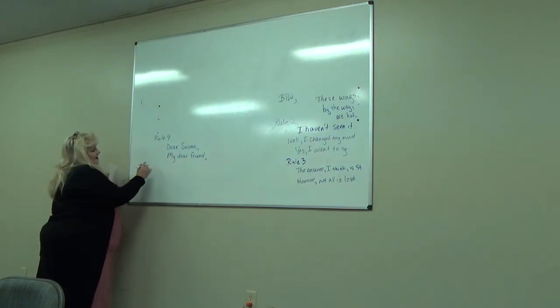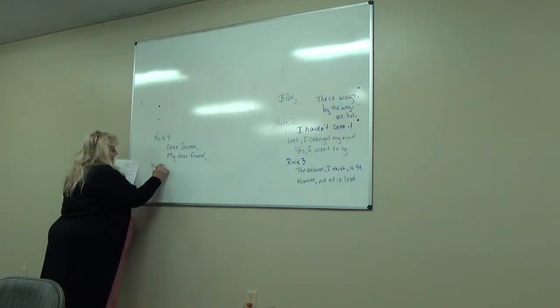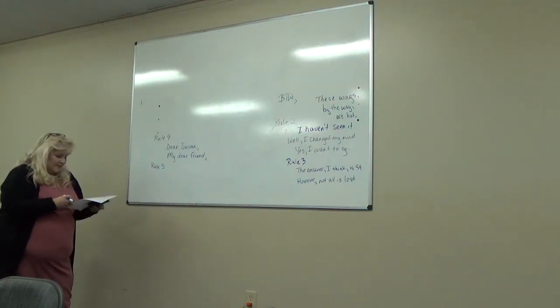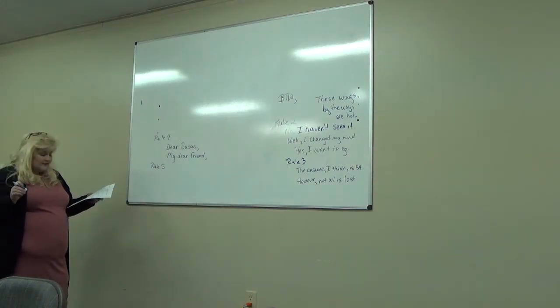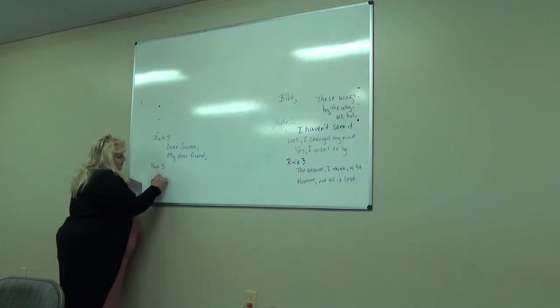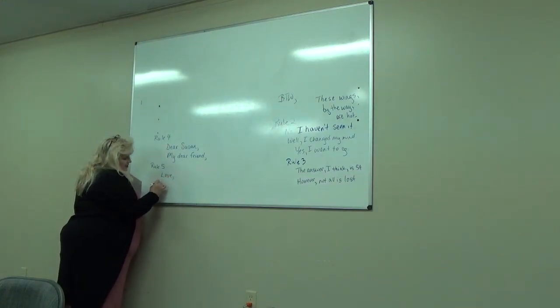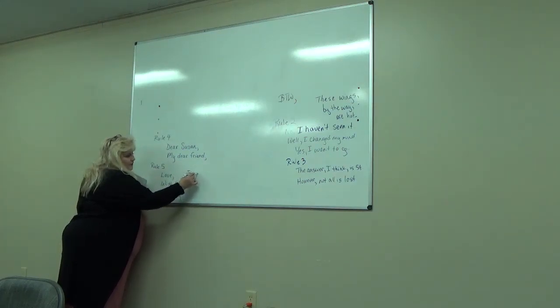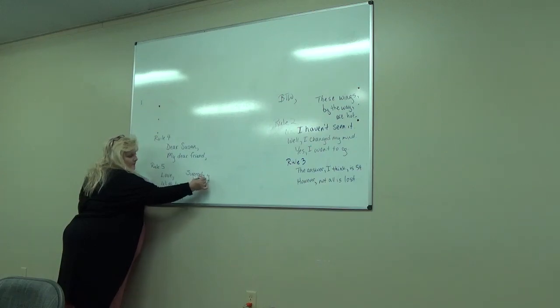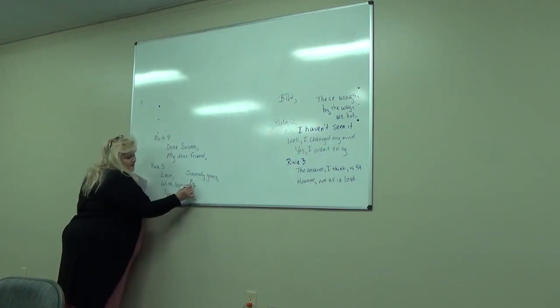So rule 5. Okay, use a comma after the closing of a letter. So if you're going to say love, or with love, or sincerely, or if you're going to say sincerely yours, or you've probably seen the one best wishes, or best regards.